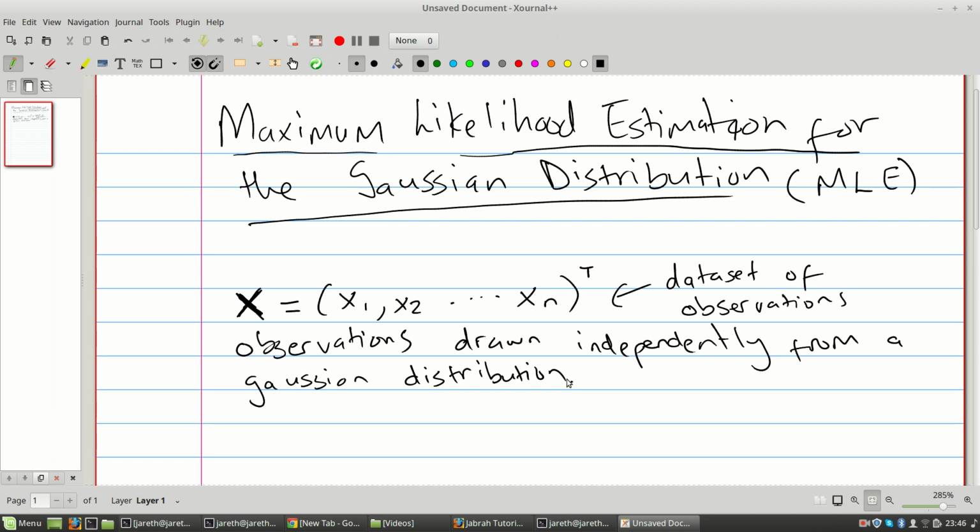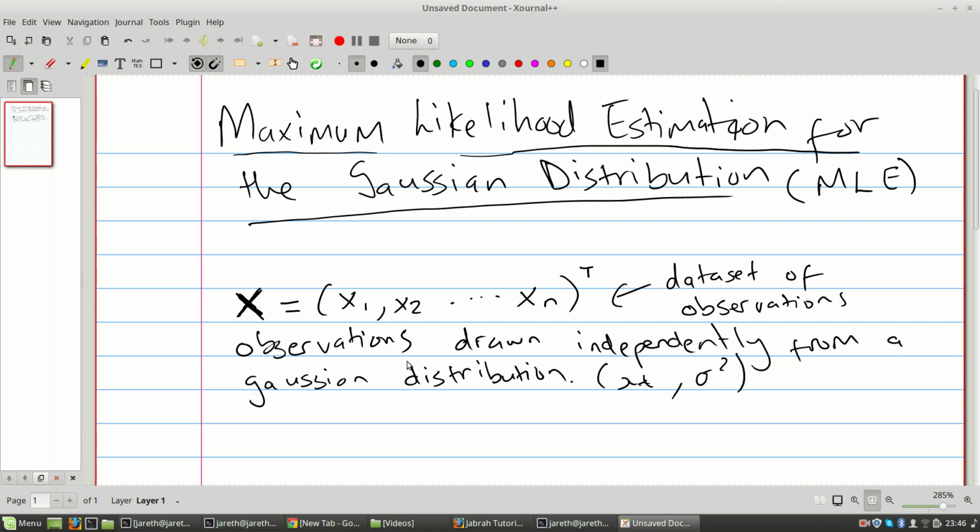And the idea is that this Gaussian distribution, if you remember from our previous lecture, will obviously be parameterized by two things, which are mu for the mean and sigma squared.